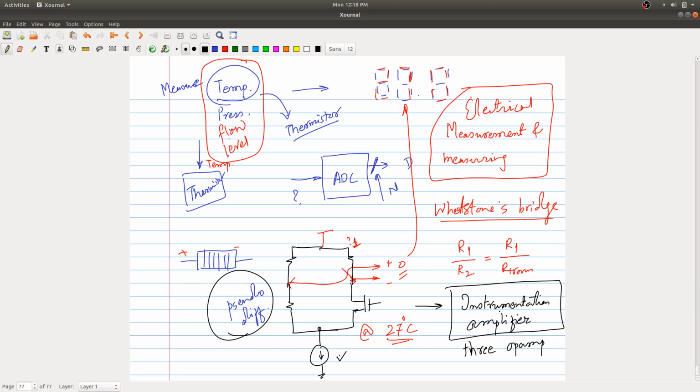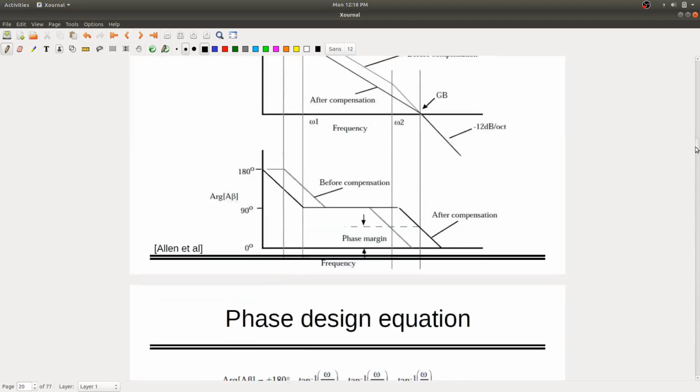But this is very important. Most competitive exams ask about the instrumentation amplifier, CMRR, all these things. So the easiest way to measure some common mode voltage is the ratioed resistances, which is actually taking care of current. So same thing I am going to do here.